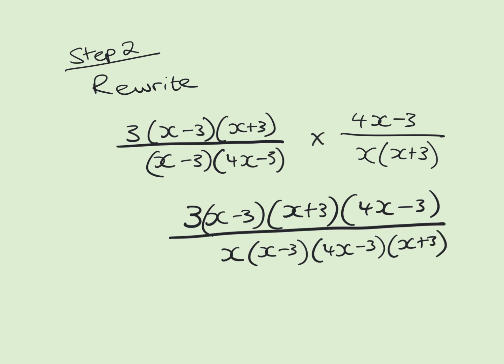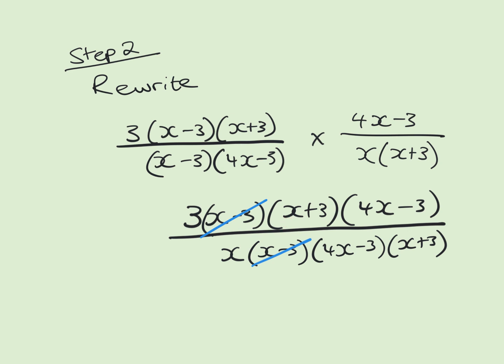Okay, what I'm looking for now is to see is there anything that will cancel. So what I can see here is that I have x minus 3 here and an x minus 3 here. Remember, the only reason that we can cancel these is because they are products, so they're multiplied. If there was a plus in between any of these brackets, or in between this x and this bracket here, or this 3 and any of these brackets, we can't cancel them.